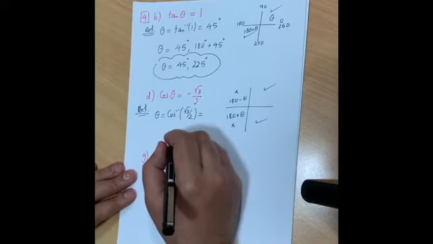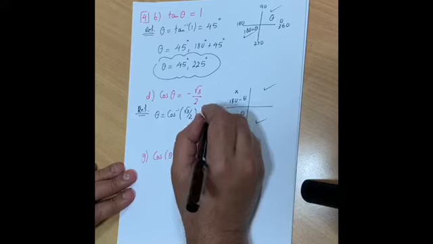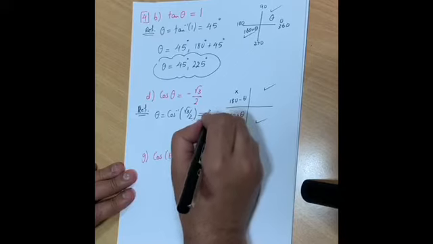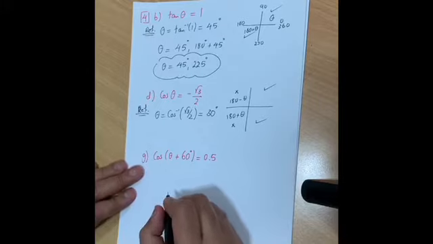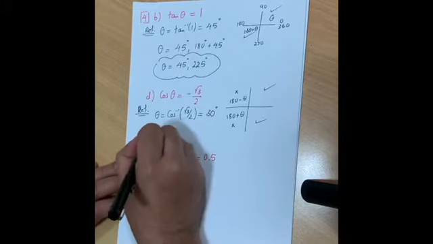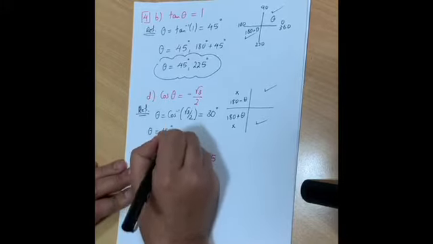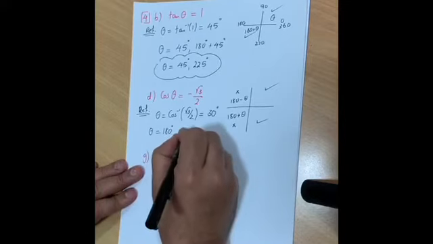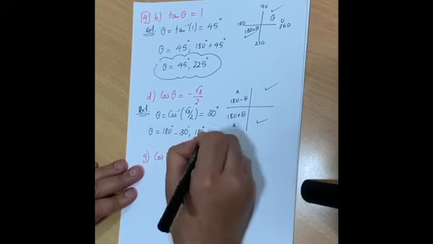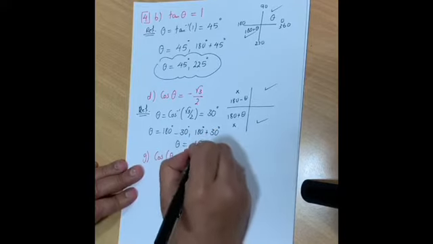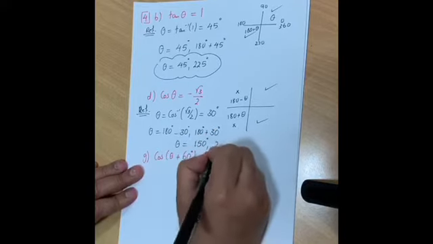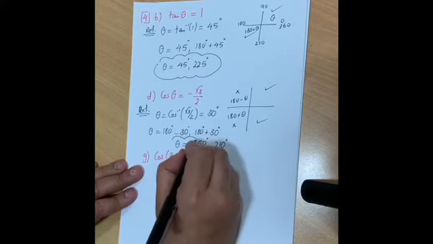Inverse cosine of root 3 over 2 is 30, because sine 30 is equal to half and cosine 30 is root 3 over 2. So theta, use them with the expressions 180 minus 30 and 180 plus 30. So we get 2 angles, 150 and 210.